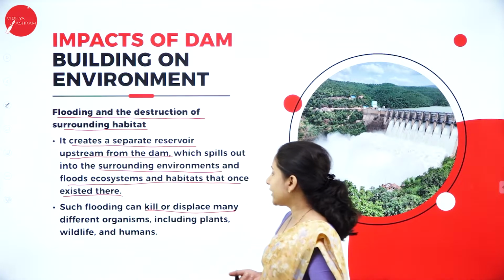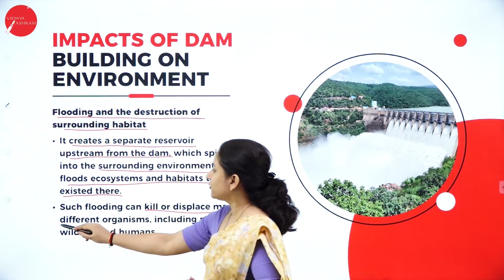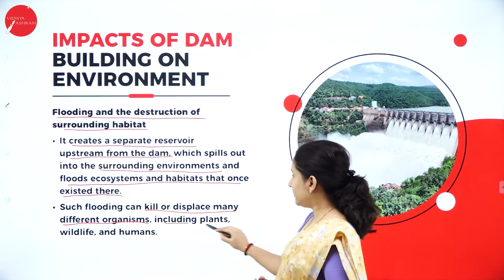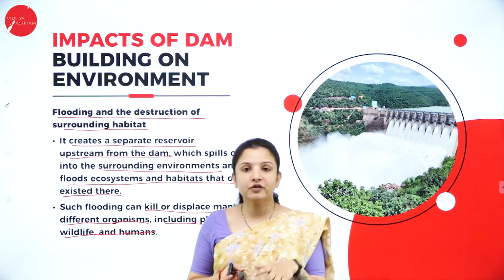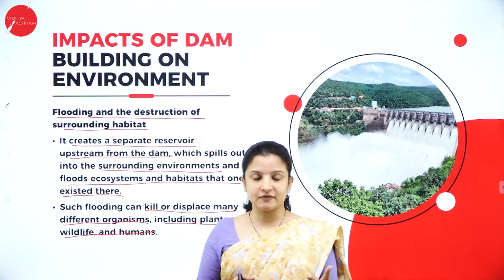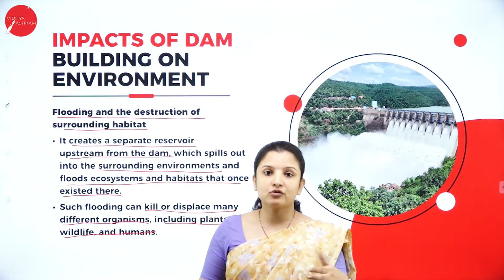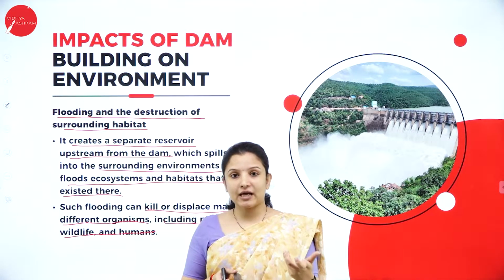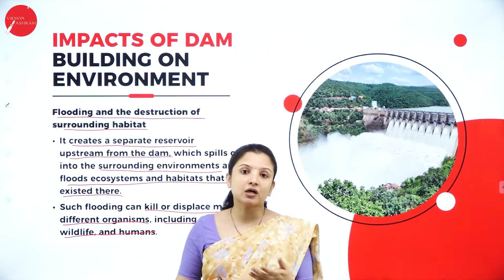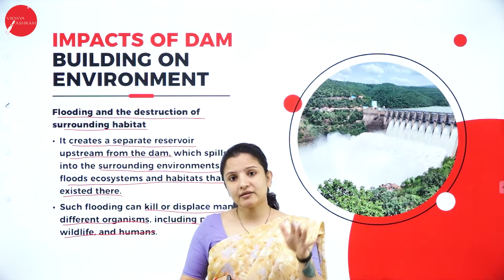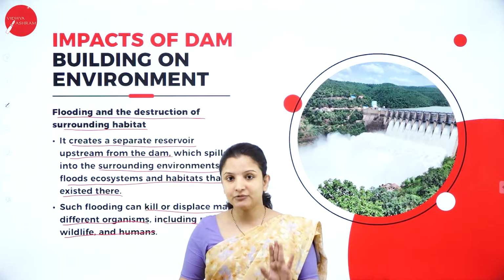And such flooding can kill or displace many different organisms, including plants, wildlife, and also humans. So humans also, if they are not alerted beforehand that the dam is going to cause flooding. So what happens with a dam is, sometimes when there is heavy rainfall, flooding can occur because of dams. Usually the river would be free flowing if the dams were not built.